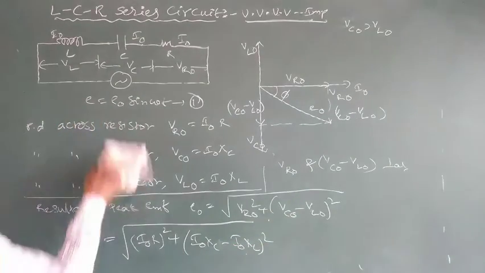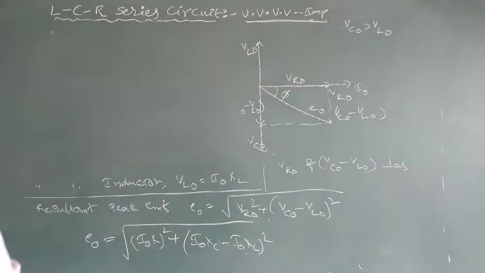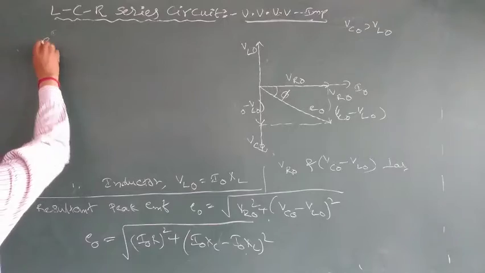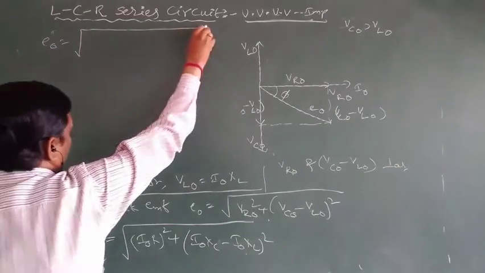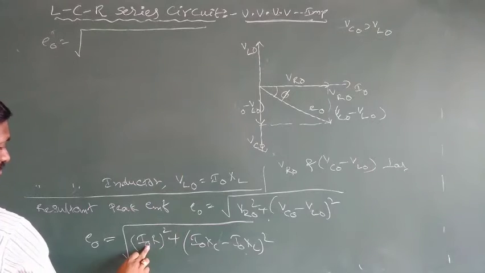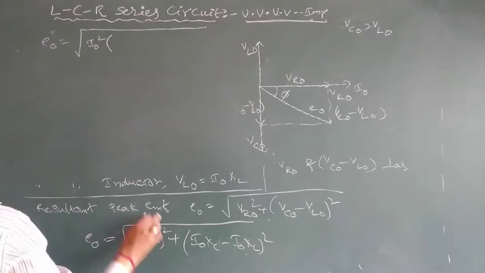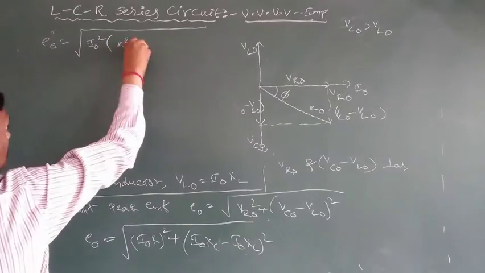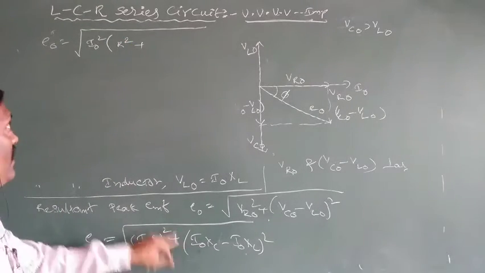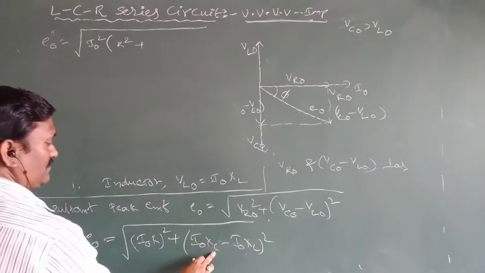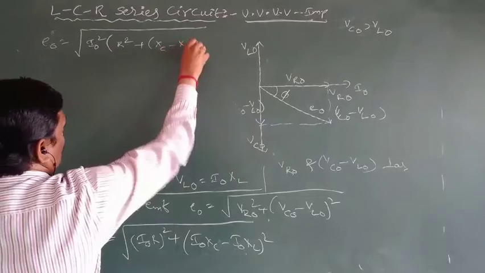Simplifying this equation, I0 square is common in both terms. The first term has I0 square times R square, plus the second has I0 square times XC minus XL whole square.